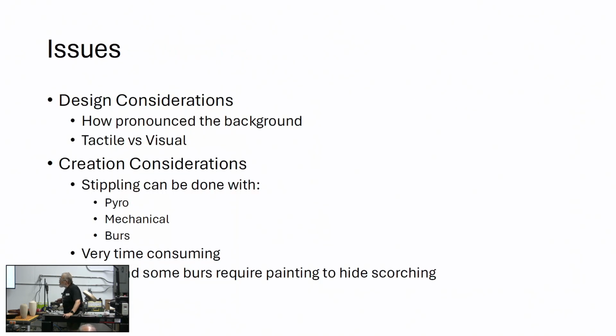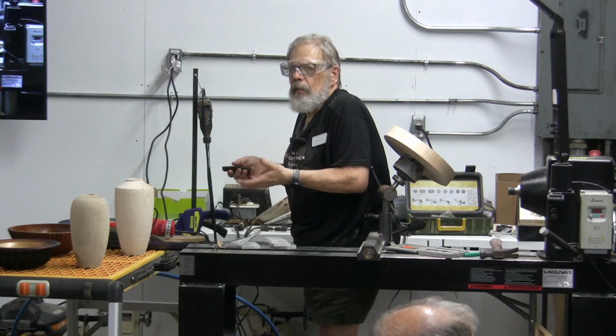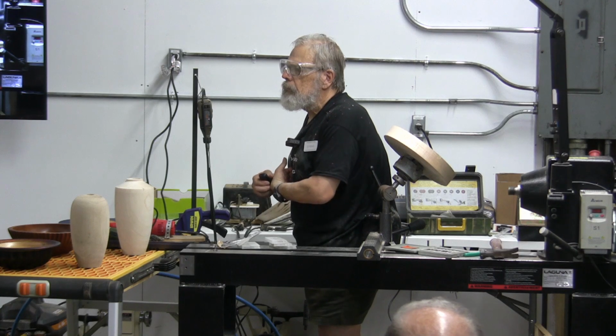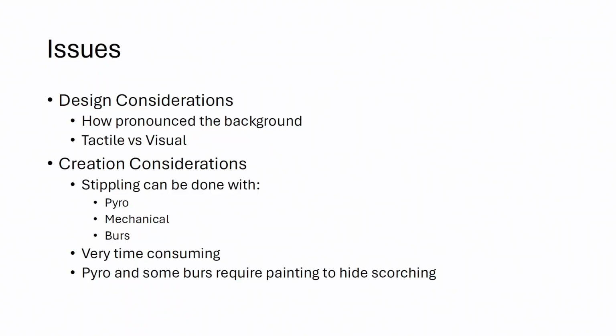Again, tactile versus visual. How much of that role, if you just want to pick that thing up and say, oh, that feels good. And then the other thing is stippling can be done with pyro, mechanical, or with burrs.